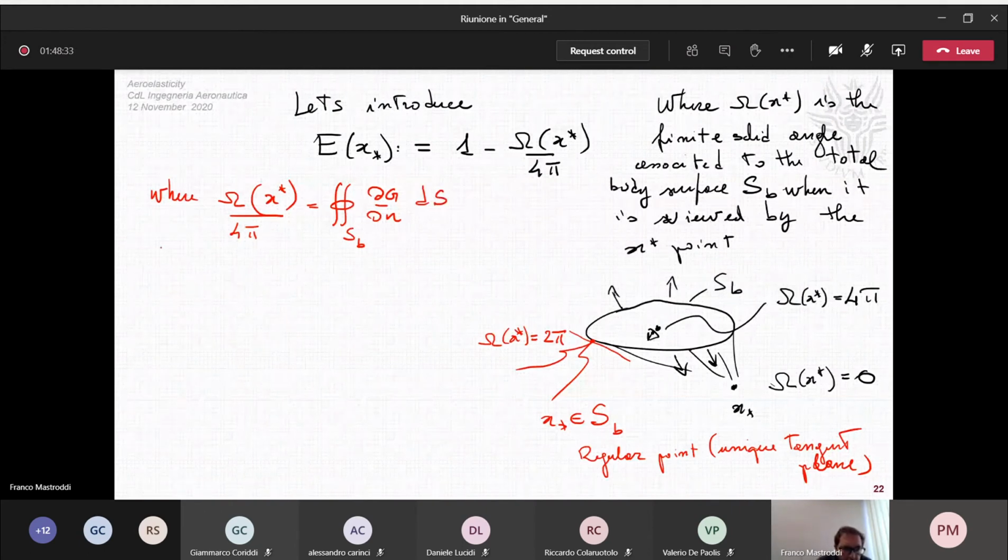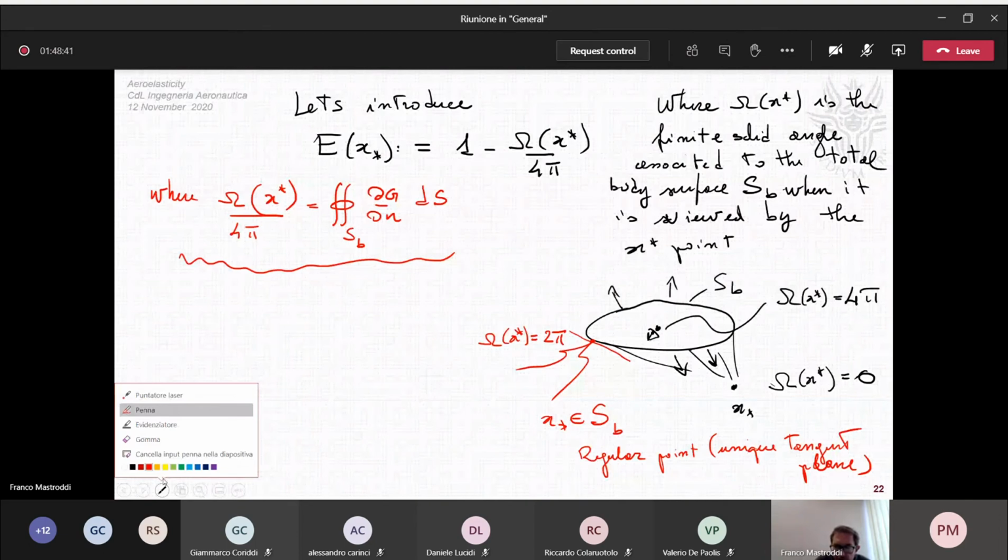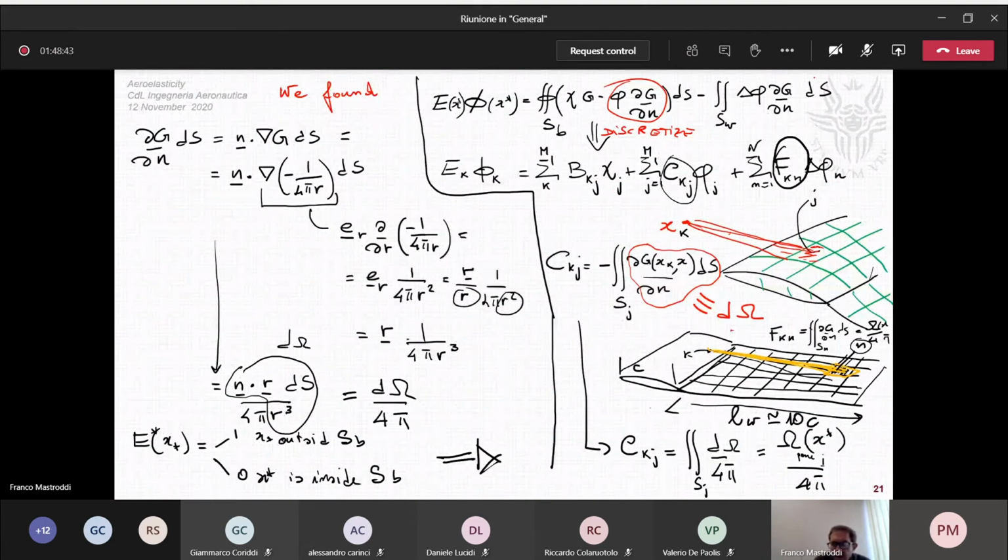And therefore, if you apply this definition, you may revisit our boundary integral expression.